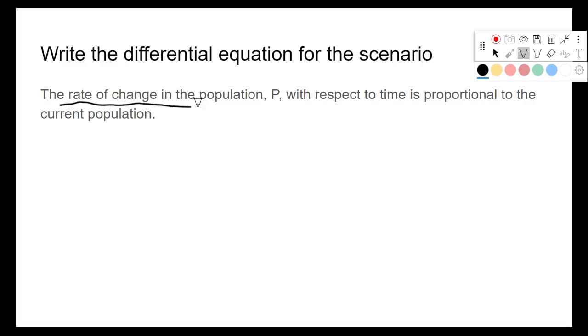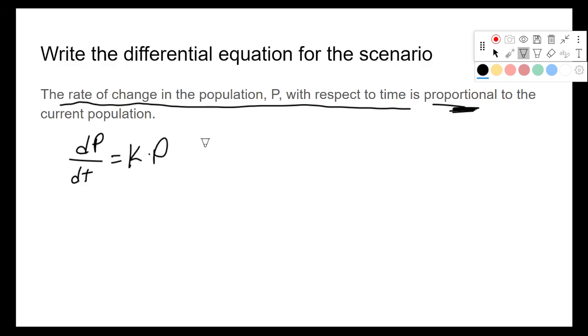Well, that's a derivative, dP/dt, is equal to, it's directly proportional to the current population. So that's k times P, where k is your constant of proportionality. So that's the differential equation that describes an exponential model, dP/dt equals kP.